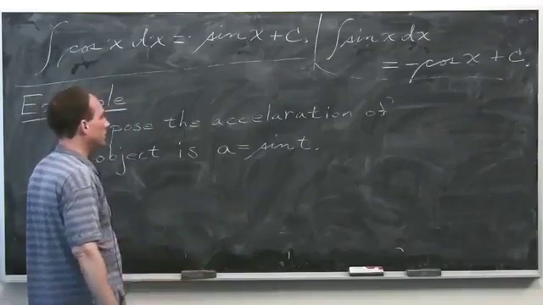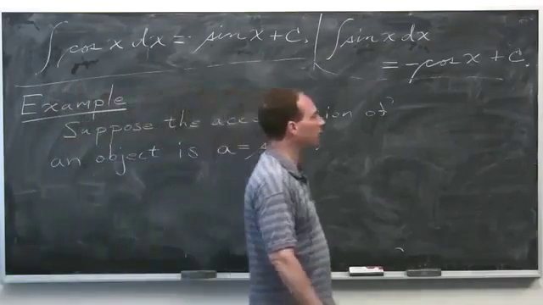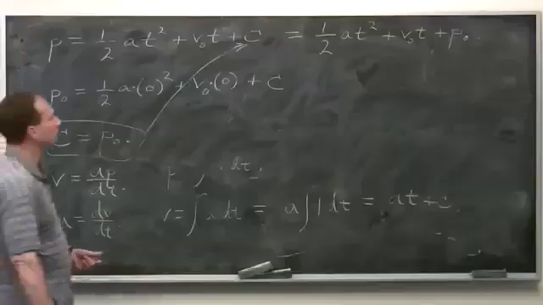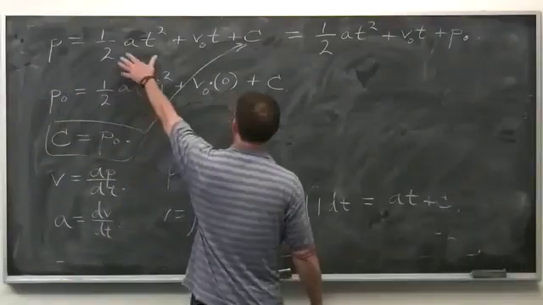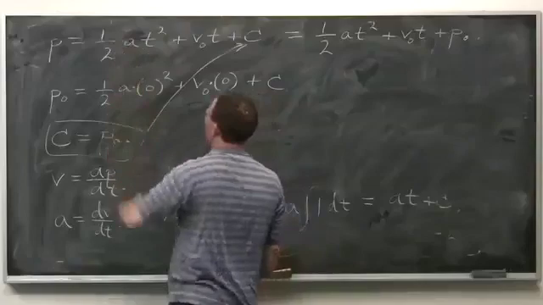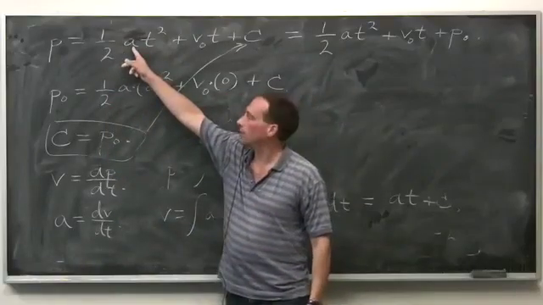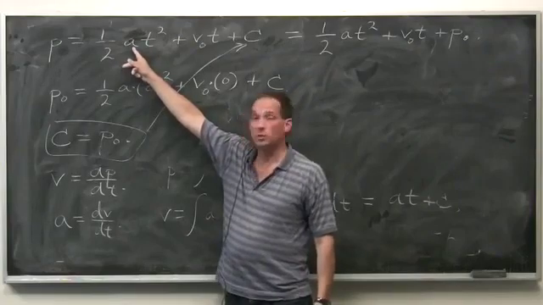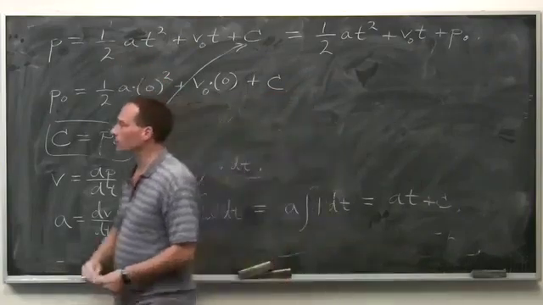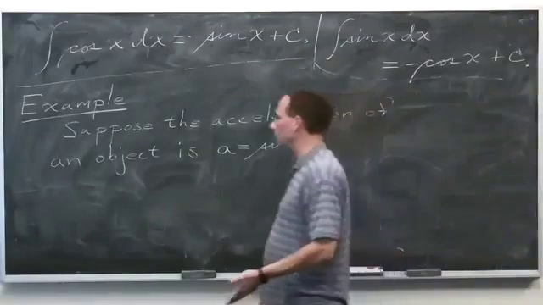How does that change what we got before? You might think, I just take this formula that I had for constant acceleration, and where I had an a, I replace the a by the sine of t. No, that's completely wrong. You don't do that. You have to do the antiderivatives.